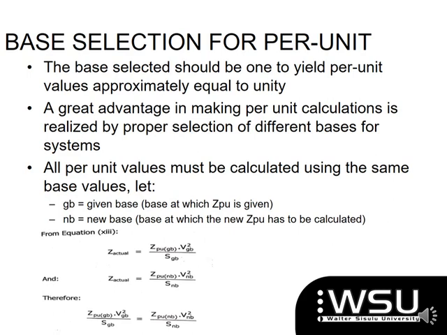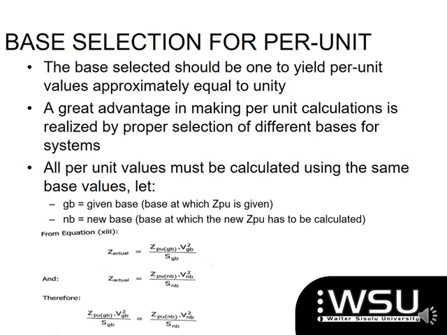Okay. Then your great advantage in making your per unit calculation is that you realize your selection of different bases for the system. So it makes them much easier for you. And your per unit values must be calculated using the same base value. You don't change it unless it was obviously your voltage, which changes only according to the transformer zone.